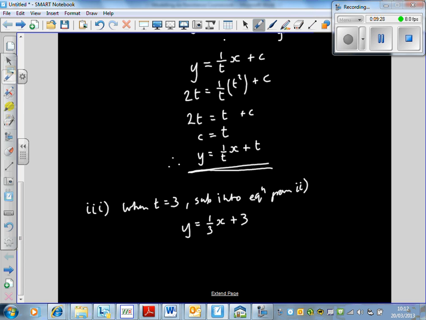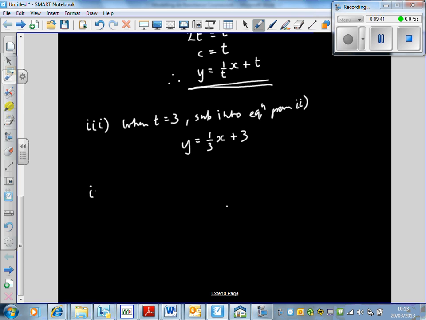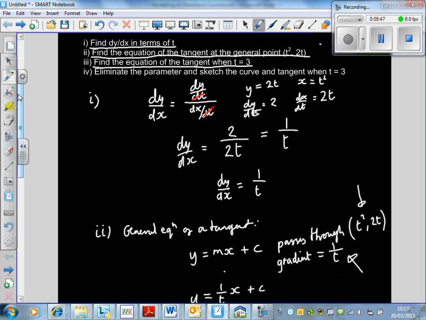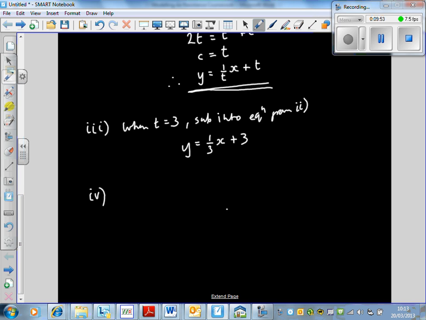Okay. Now, the last question is this. Eliminate the parameter and sketch the curve and tangent when t is 3. So, how do we eliminate the parameter?